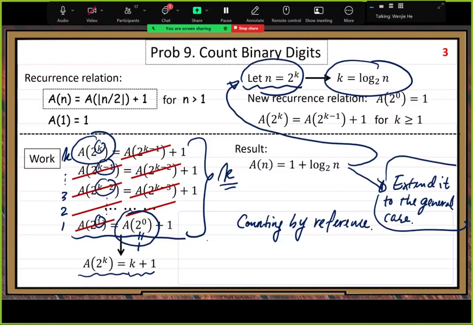Here we need to use the guess and verify strategy. When we extend it to the general case, the first step, you need to make your guess. Guess the formula. Then we verify it.